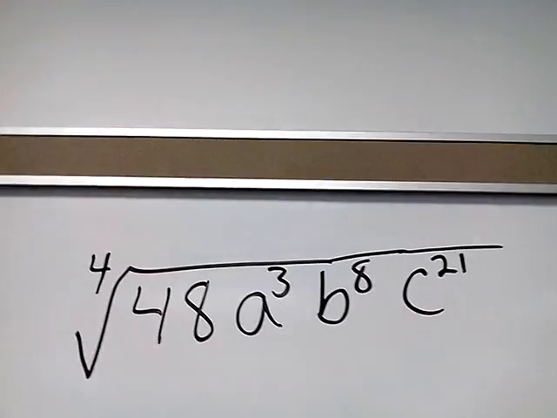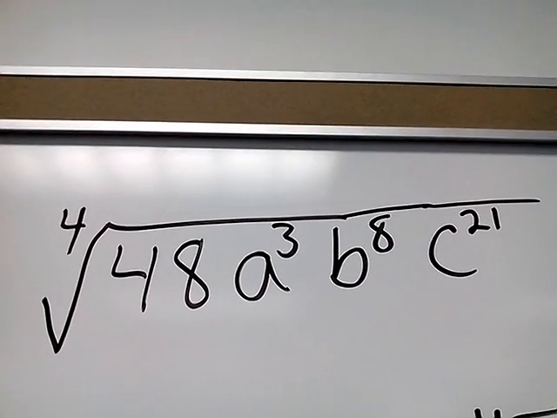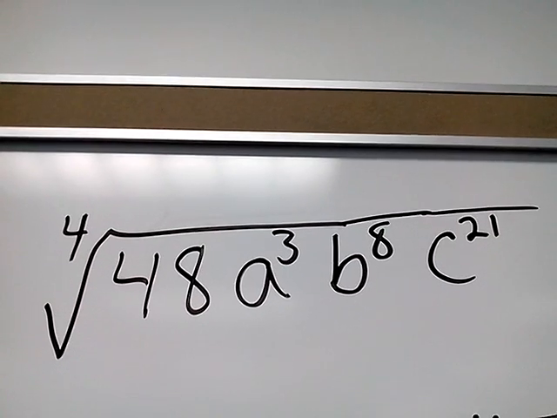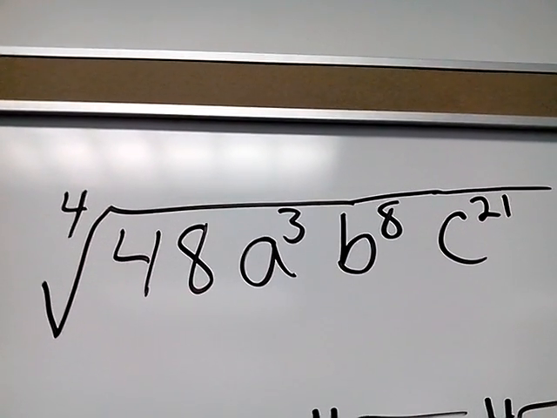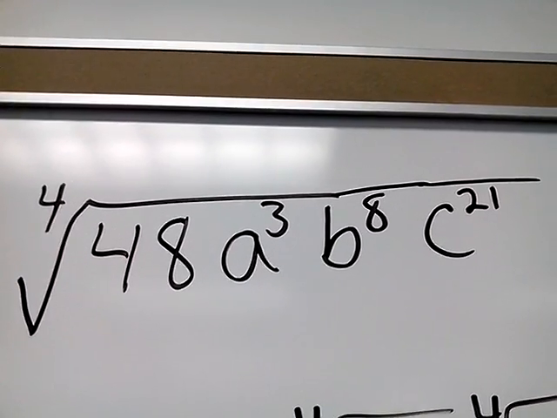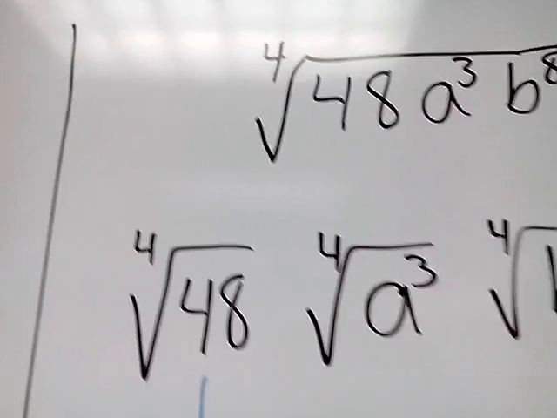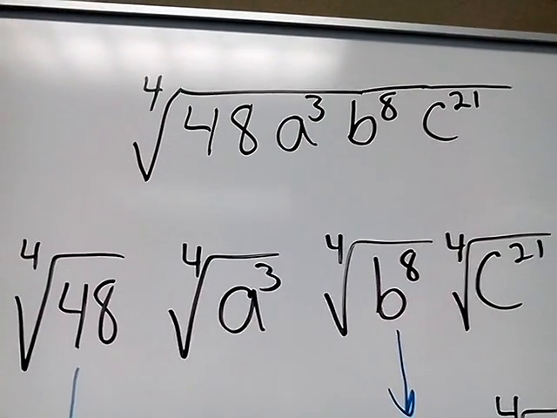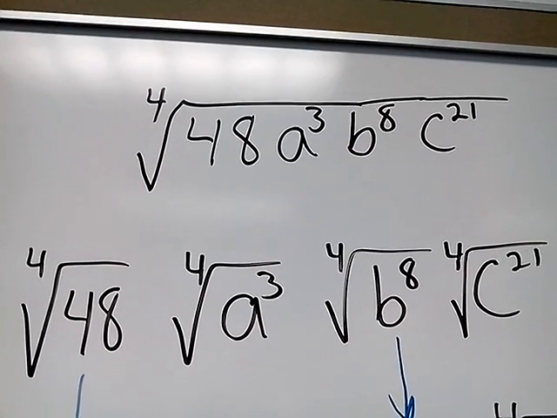In our next example, we have a fourth root of 48, a to the third, b to the eighth, c to the 21st. What we can do is break down each one of the factors into their own.